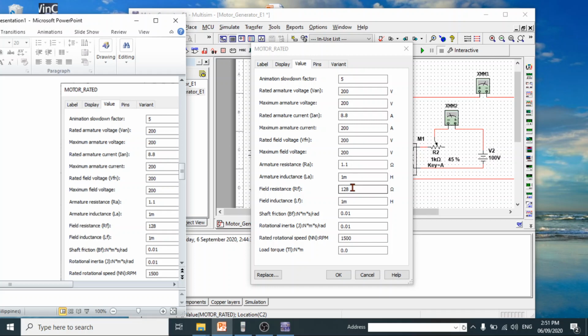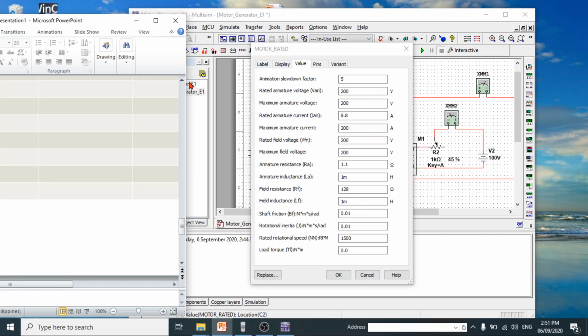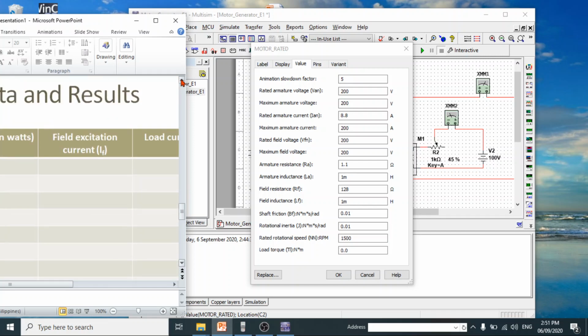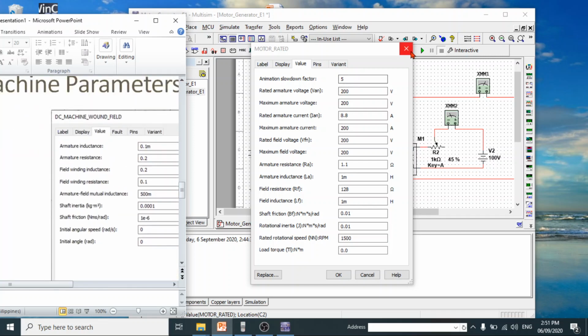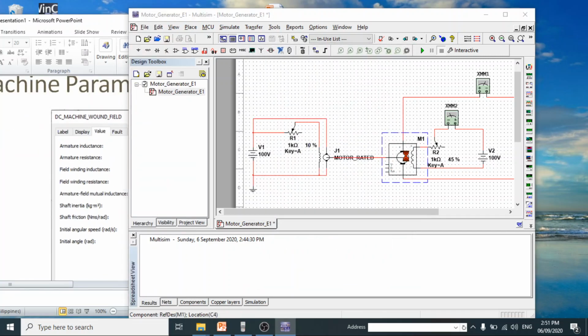Okay, everything is the same as the given table.